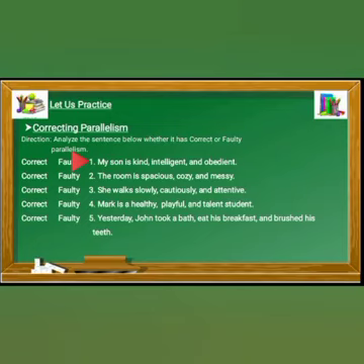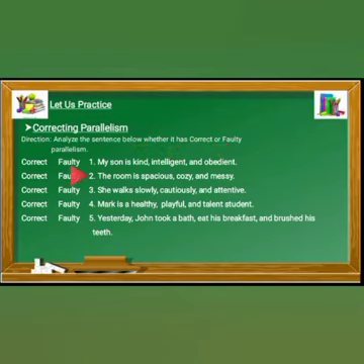Number 1. My son is kind, intelligent, and obedient. Is it correct or faulty? Of course, it is correct. Okay? Because the words kind, intelligent, and obedient are all adjectives. Alright?